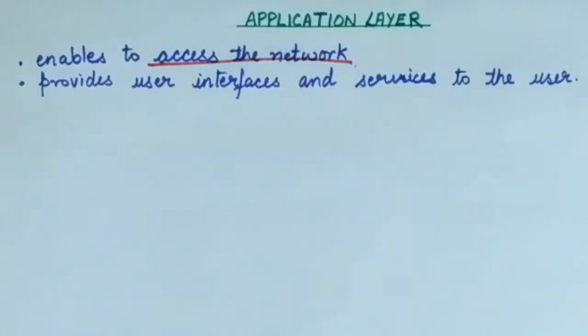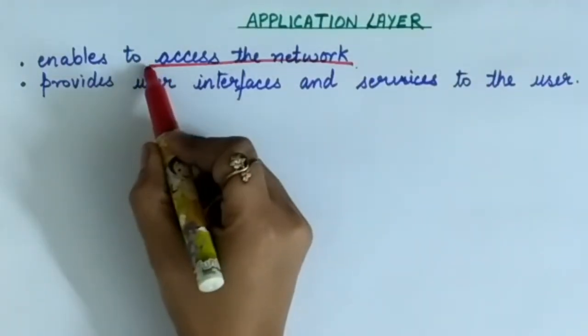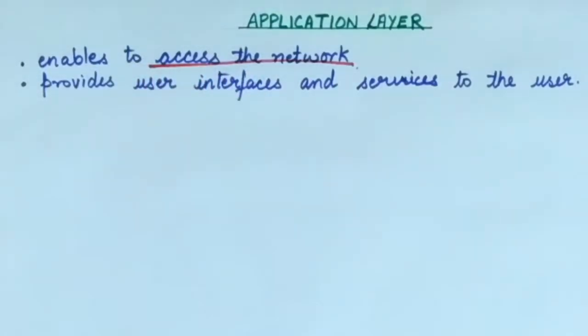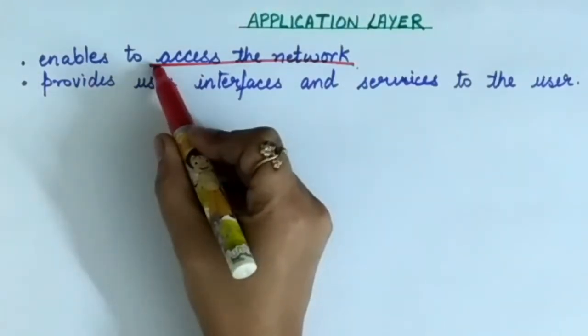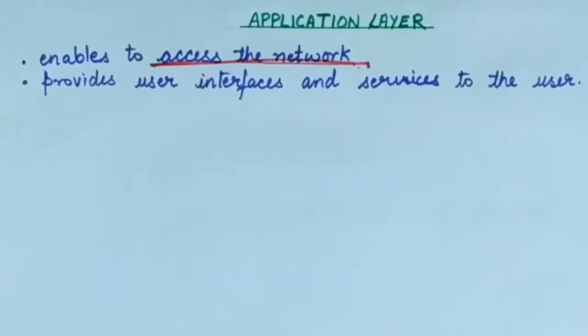The application layer enables the user, which could be a human or a software, to access the network. If I am browsing anything on the internet, it means the application layer is helping me to access or browse that particular topic.